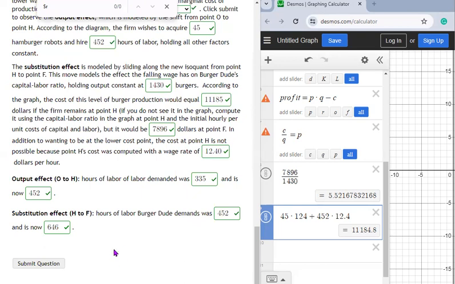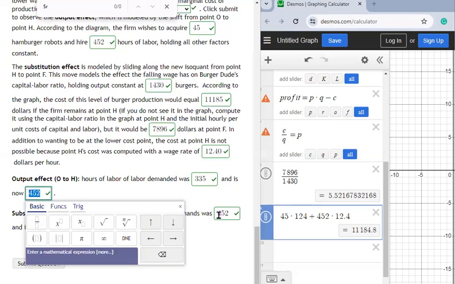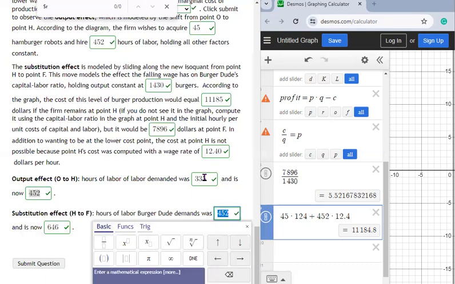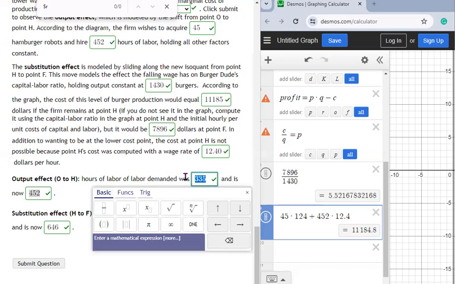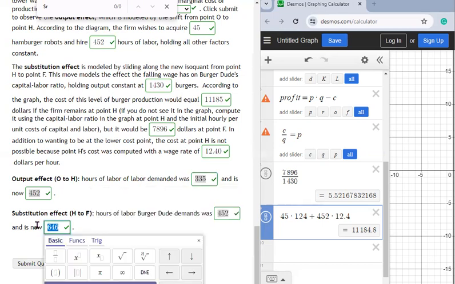Okay. So we could actually graph labor demand over the long run. We don't actually observe, like I said, the 452, right? So labor demand increased from 335 to 646, right?